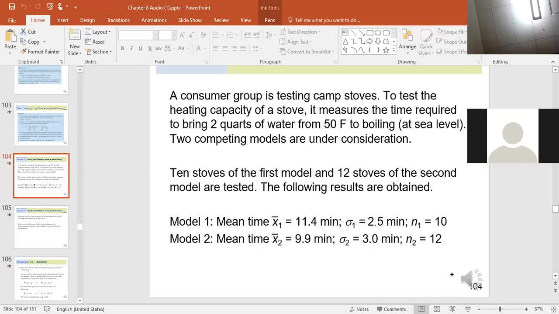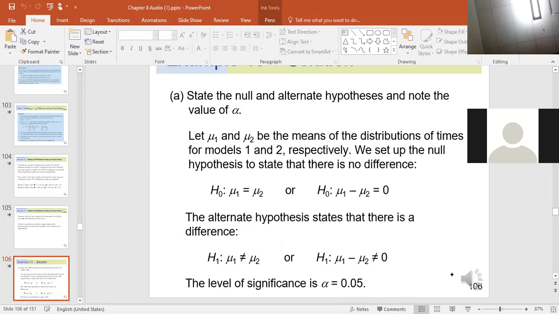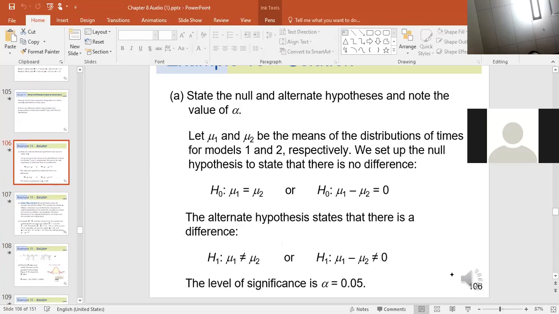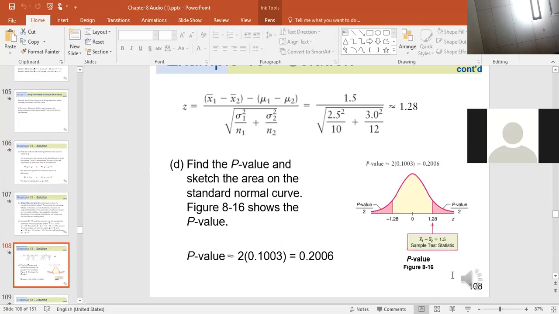What is the test value? What do you get as test value? 1.27. And the p-value? 0.2.